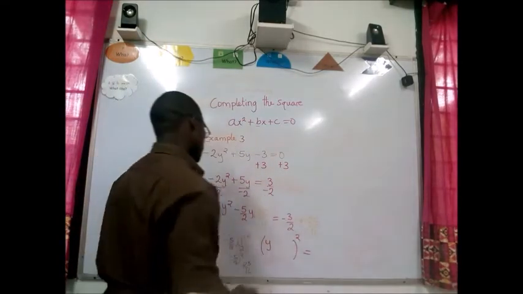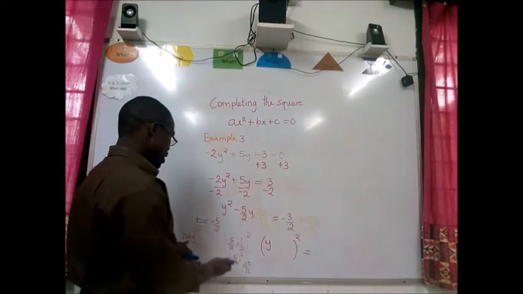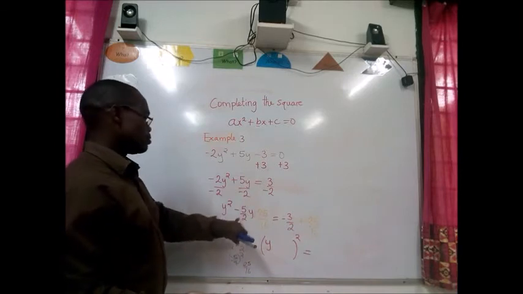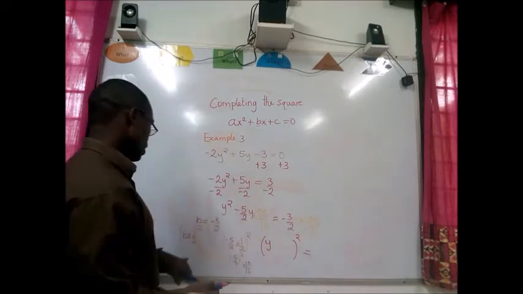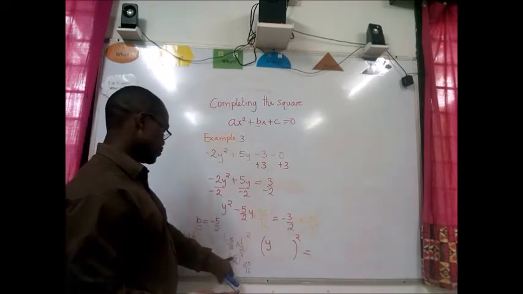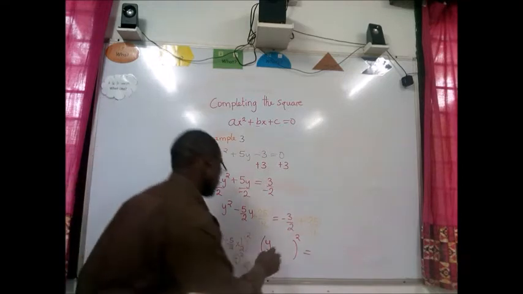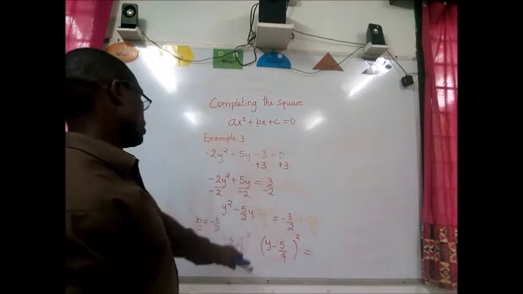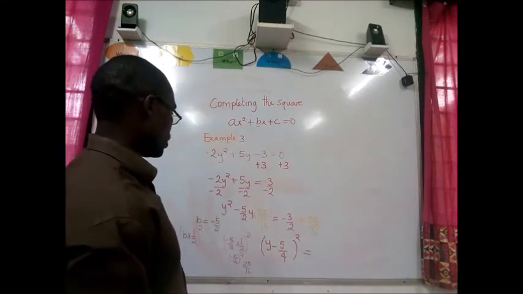So what do we do here? We take b, that means our coefficient is b, multiplied by half, and we get negative 5 over 4. So this is the number, 5 over 4. This is the number that is supposed to be there.